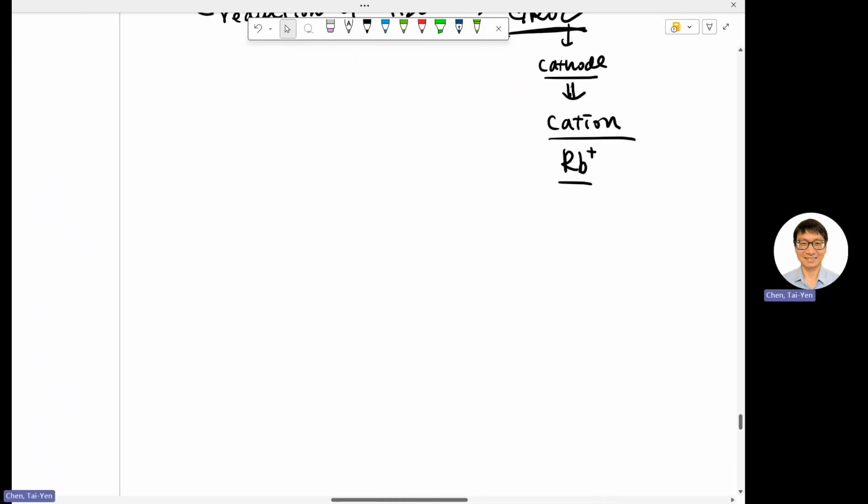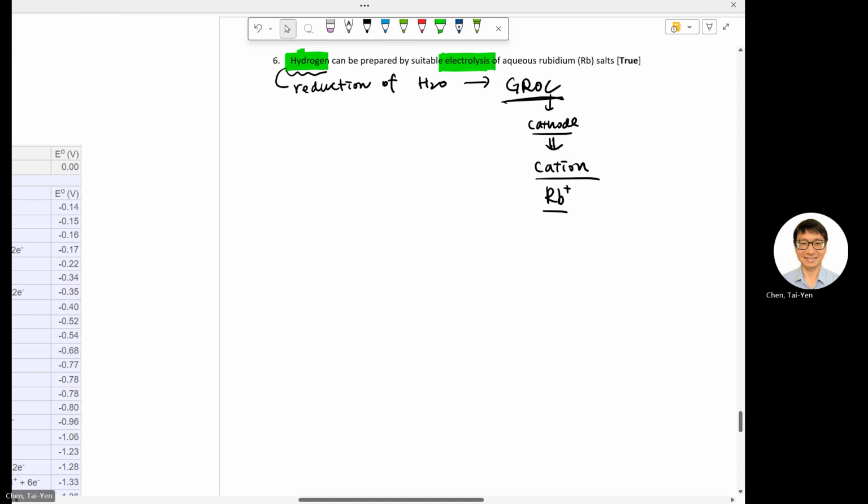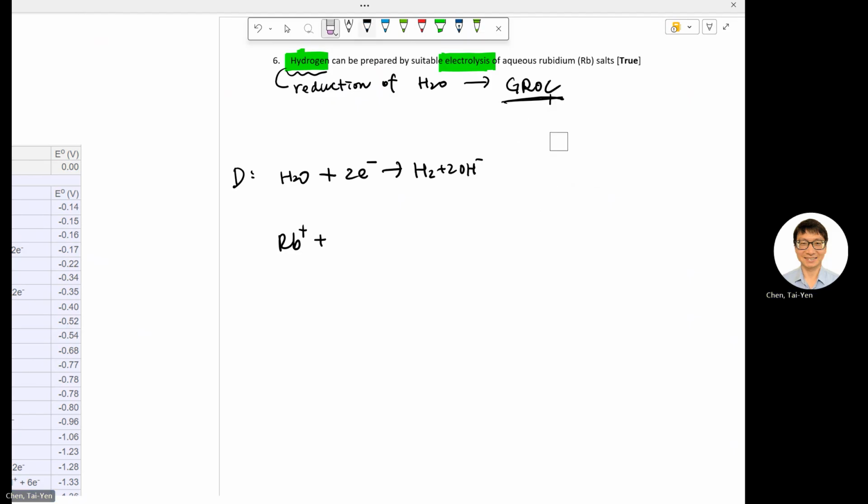Okay, the data that you have is H2O and Rb plus. Okay, and then it undergoes a reduction reaction, right? So this will give you H2 plus 2OH minus, where we know the reduction potential of water is negative 0.83 volt.